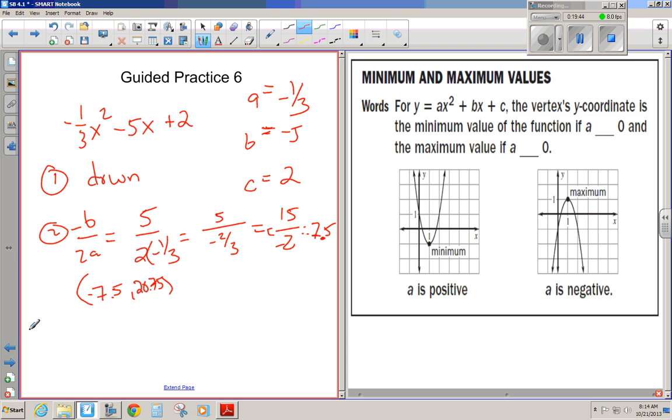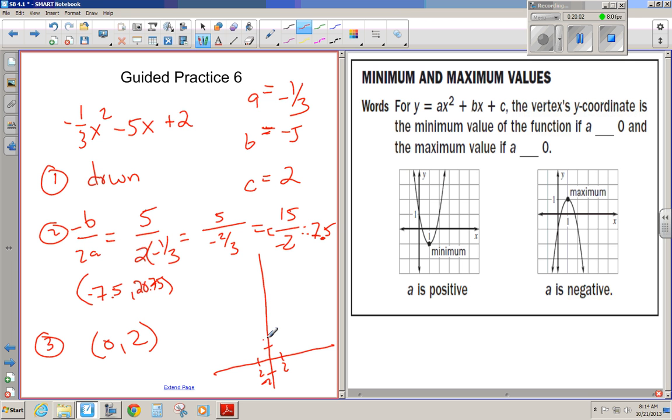20.75. Part 3 was finding the second point, and for us it's 0, 2. And now, when graphing this, we're going to go by 2's.